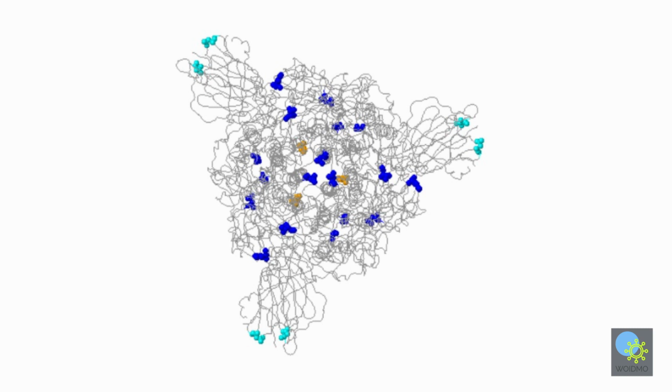These changes allow the virus to bind better with the ACE2 protein. In cyan, on the outside, are some deletions. These have an effect on how well antibodies bind to the spike and may make them lose efficiency. The effect of the blue changes closer to the center is still unclear.